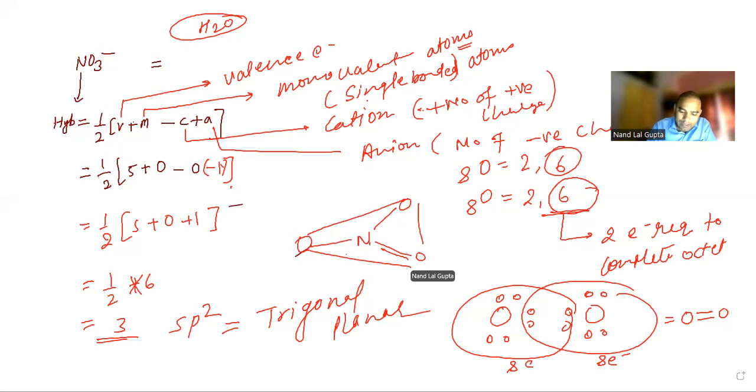So it is trigonal planar, and the angle is 120 degrees. So they are asking what is the molecular geometry and bond angle of NO3 minus. So option number is B. Option number B. Which is the correct answer? Can you tell me? B. Correct.